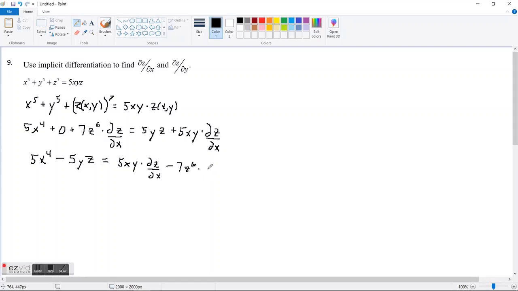We have 5x to the fourth minus 5yz on one side of the equation. We have both terms that have the partial of z with respect to x on the other side. And so what we will do on the right hand side is to factor out partial of z with respect to x.